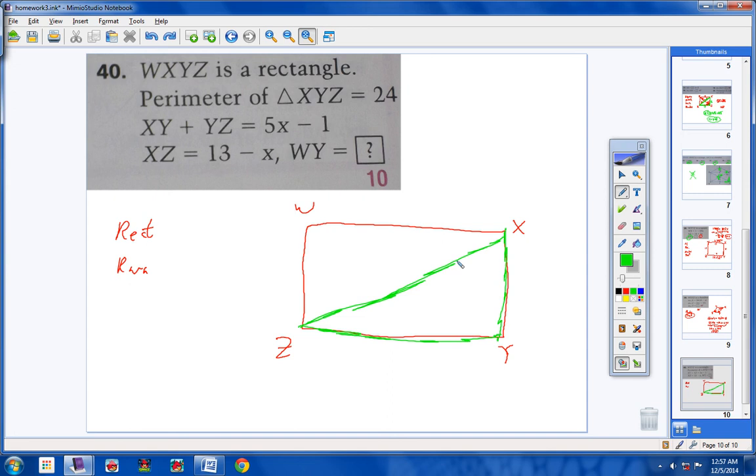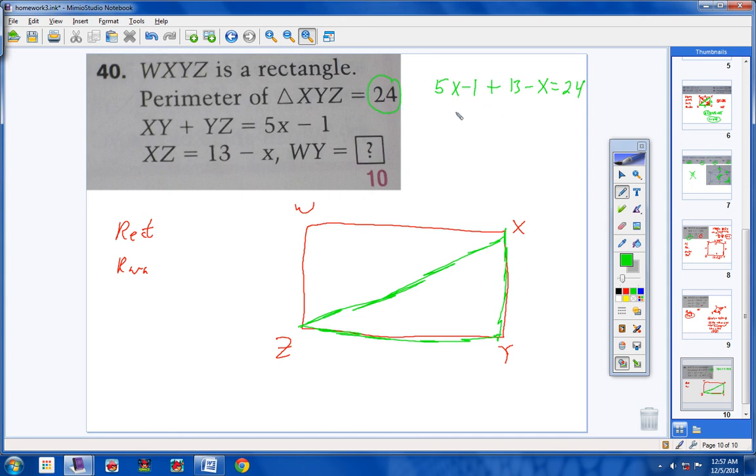And here's xz, 13 minus x. So we know this side plus this side is 5x minus 1 plus this third side here is 13 minus x. And we know that has to equal 24 because the perimeter of this green triangle is 24.